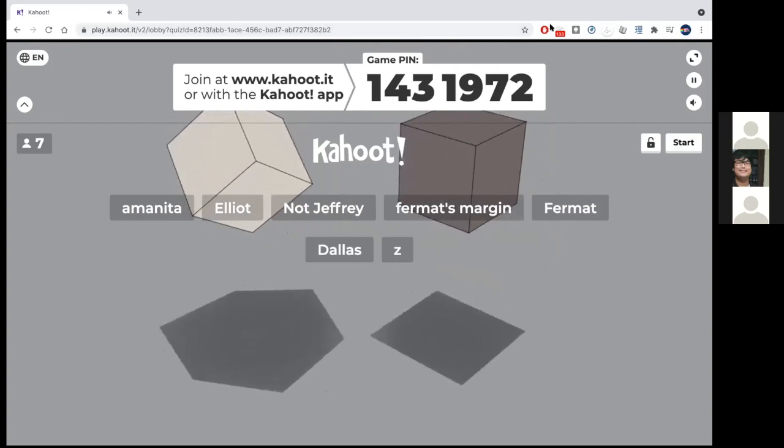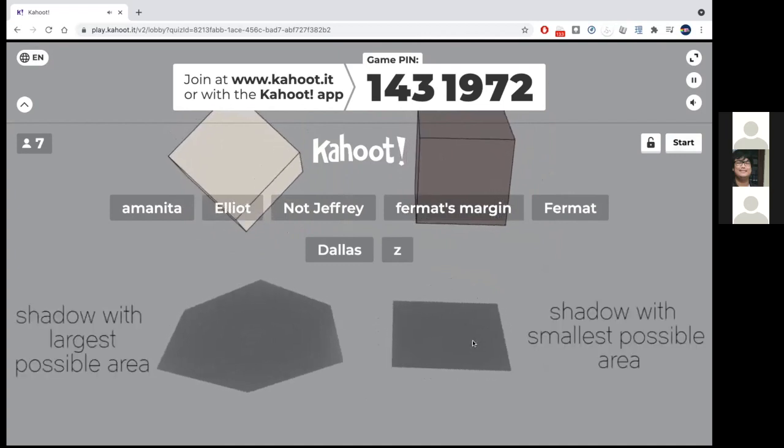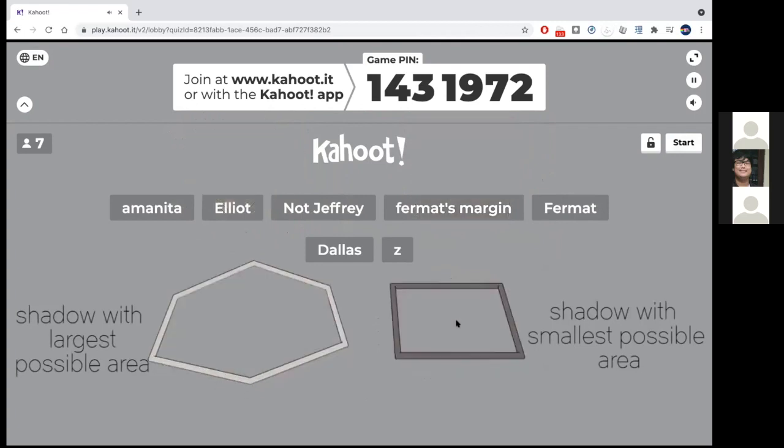Okay, so I'll put that code in chat in case somebody hasn't joined, but we probably won't use this until we get to the end of pieces of content.